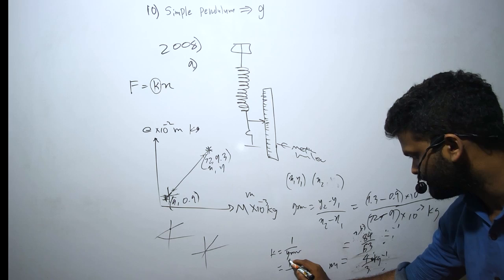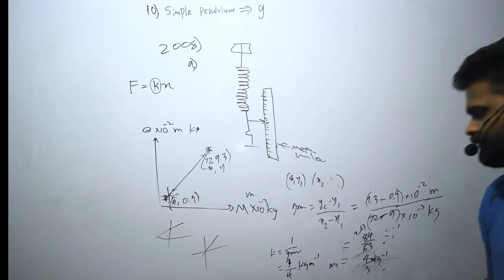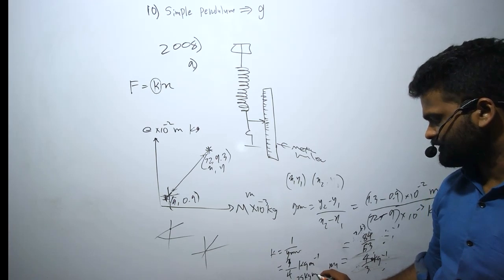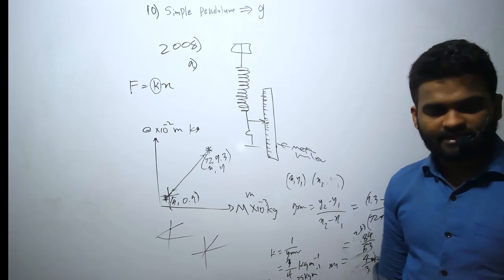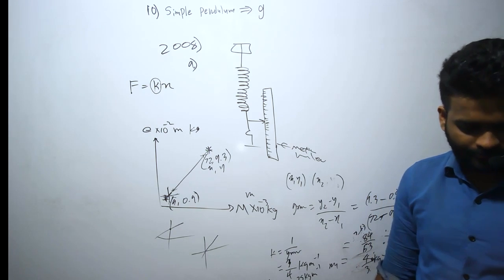So you get 4 over 3 kilograms per meter, which is approximately 1.33 kilograms per meter. So this is the spring constant.